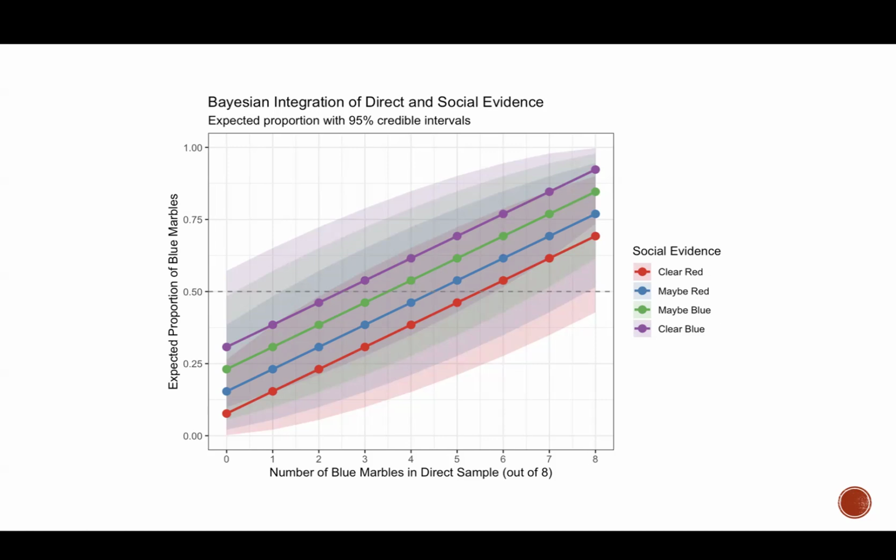And we can see that here on the left side of the panel, according to what the social evidence says, we have a different propensity to pick blue, even if there is no evidence.